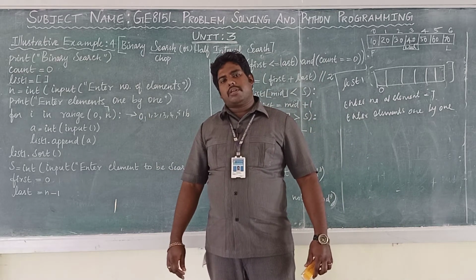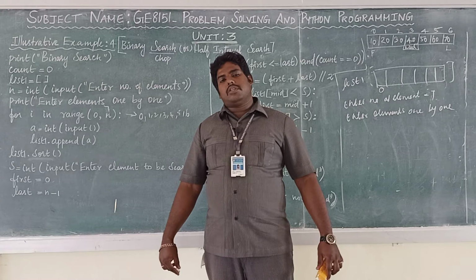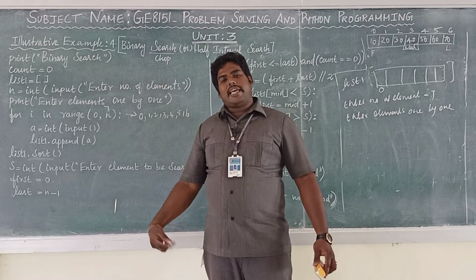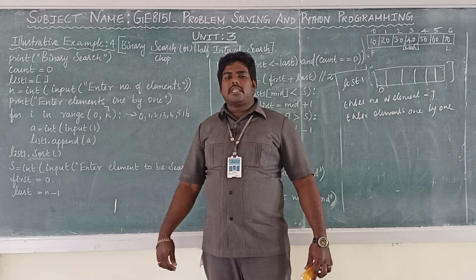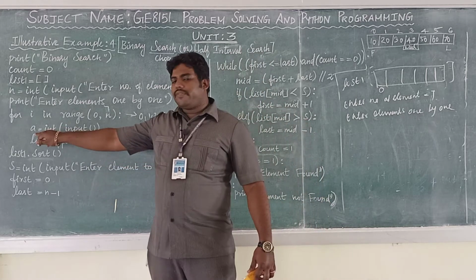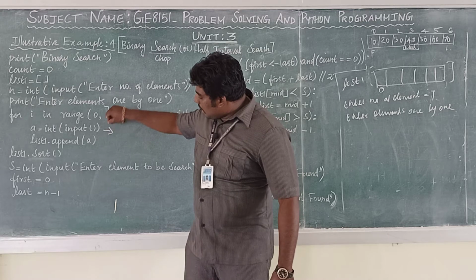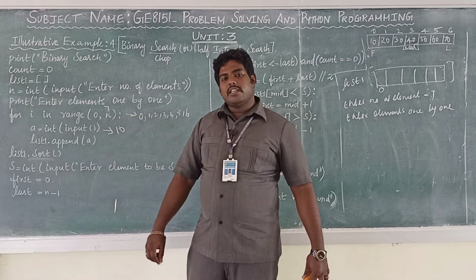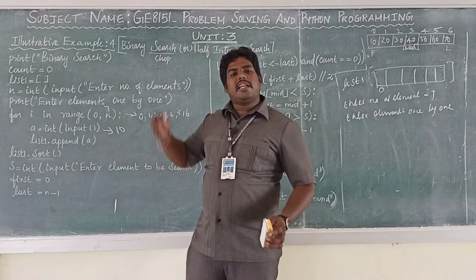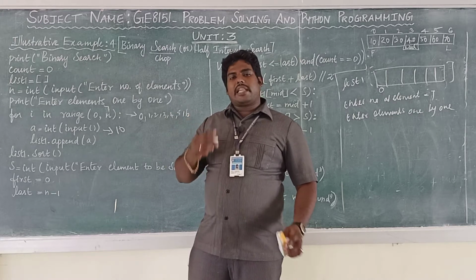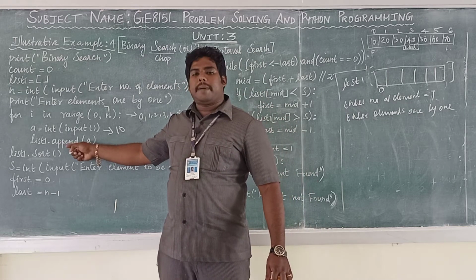How to get the input? The int input function is used to get the input. If it is an integer, then int input of. So I am declaring one variable a equal to int input of. For example, here my input is 10. Now I want to add this 10 inside the list. For that, one predefined function is there, append.